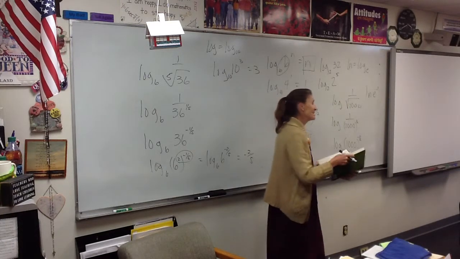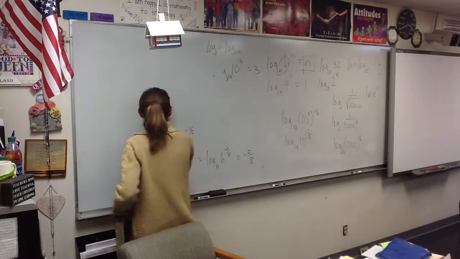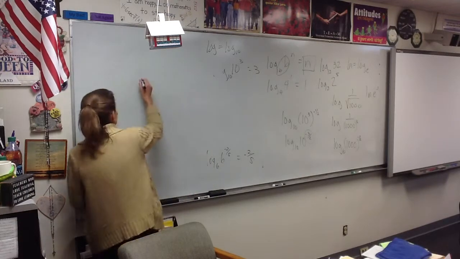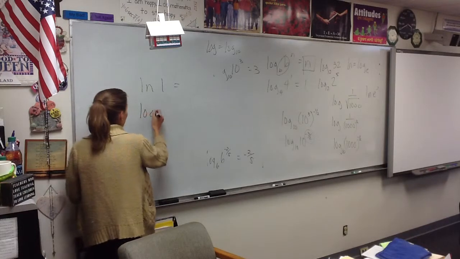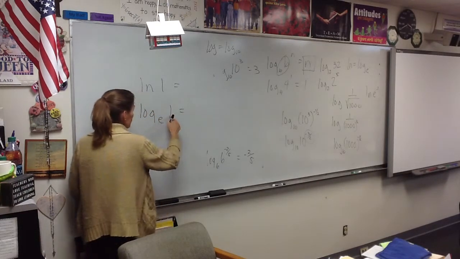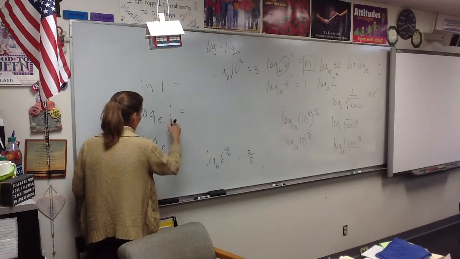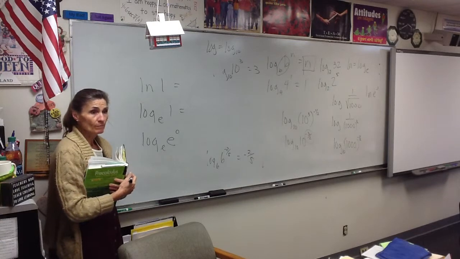Okay, 16, here's this 0 again. Let's see if you were paying attention to Matthew earlier. It says we want ln 1. That's log base e of 1. These two have to match. So you're going to have to rewrite that 1 as e to the 0.